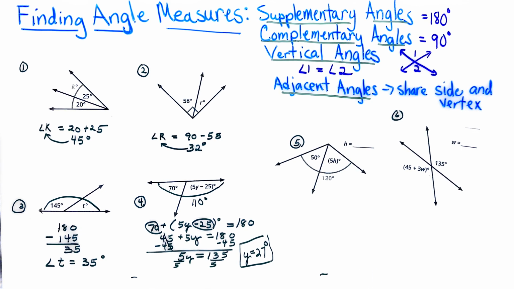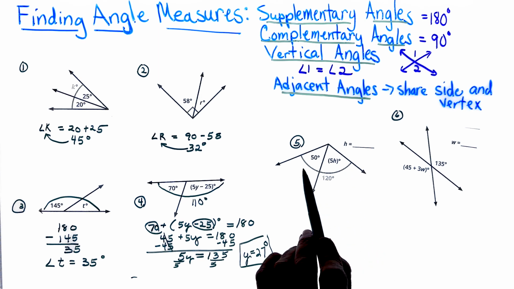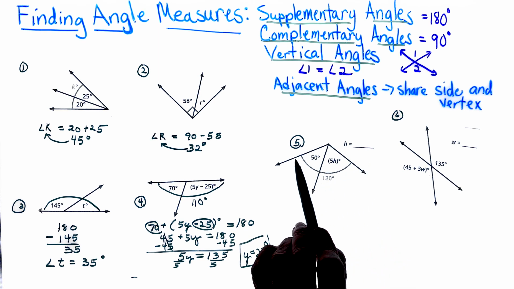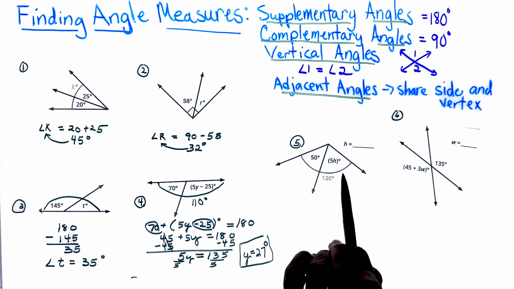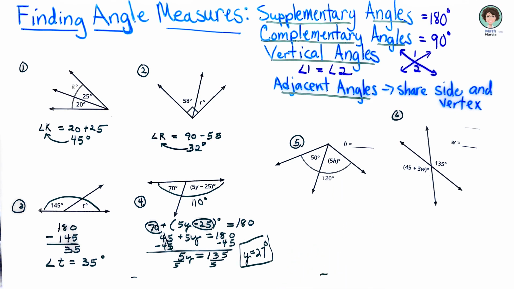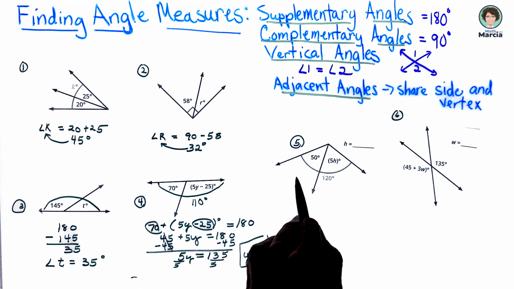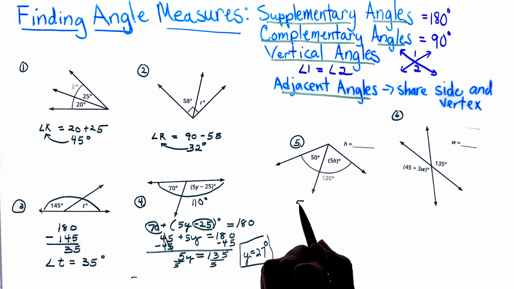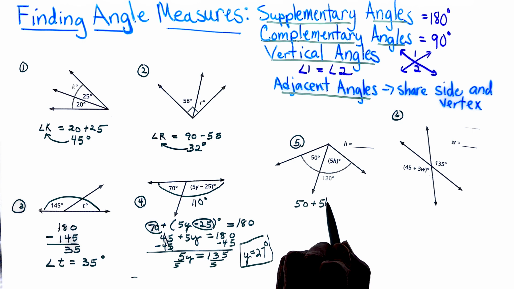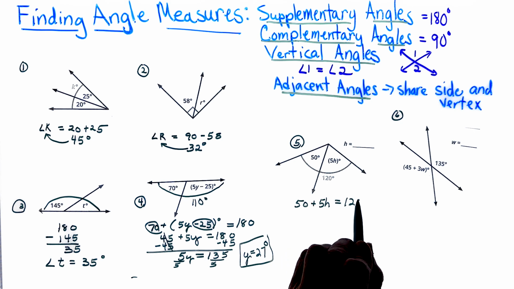All right, number 5. Again, these are adjacent angles, and notice how big that is. Well, we have a 50-degree angle, and we have a 5h. So when we're working this problem, we do know that we are going to have to add those two angles together. 50 plus 5h is equal to 120.